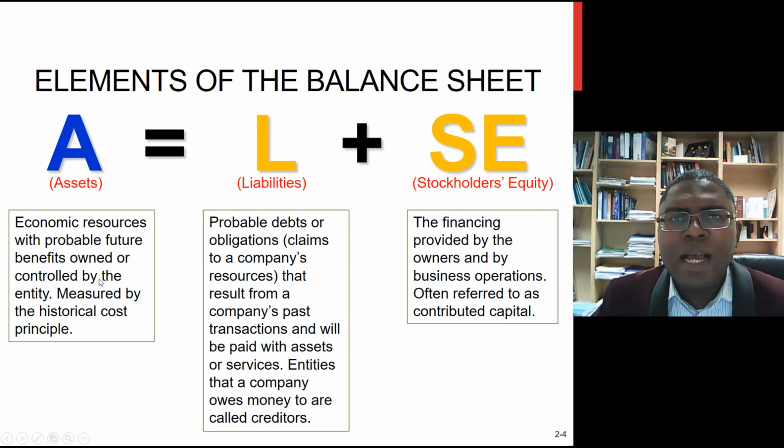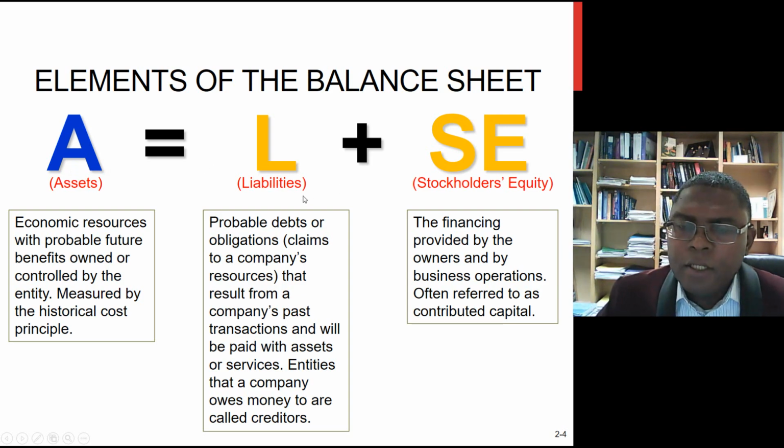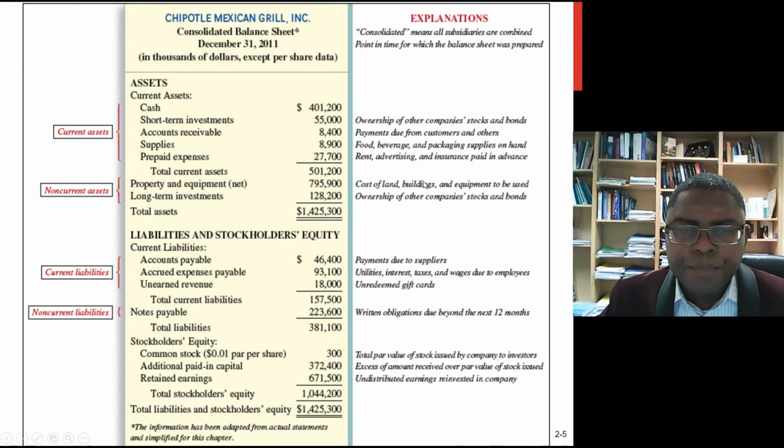In other words, they have future benefits for the company. And liabilities are debts or obligations. We also have stockholders' equity, which is financing that is provided by the owners. So the balance sheet equation suggests again that assets need to be equivalent to liabilities plus stockholders' equity.